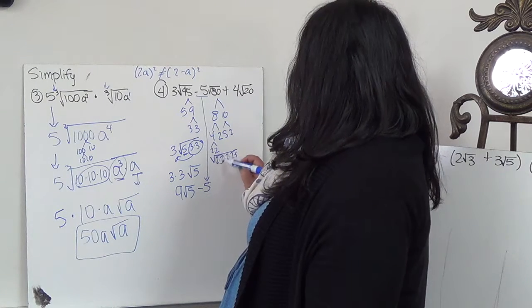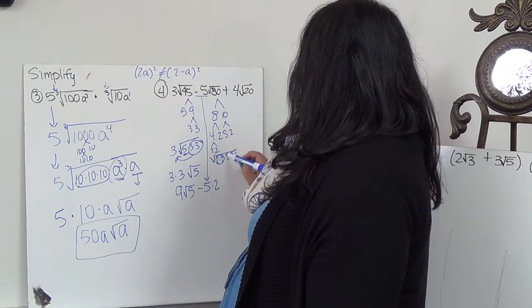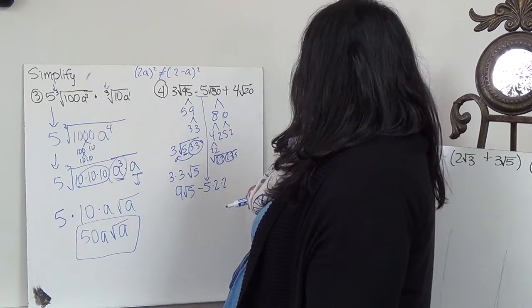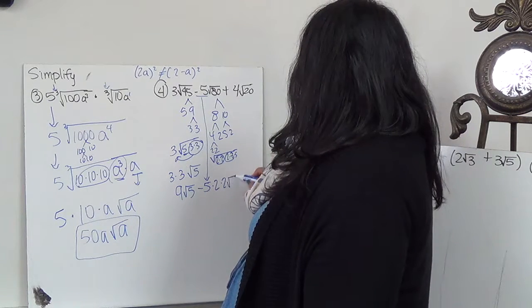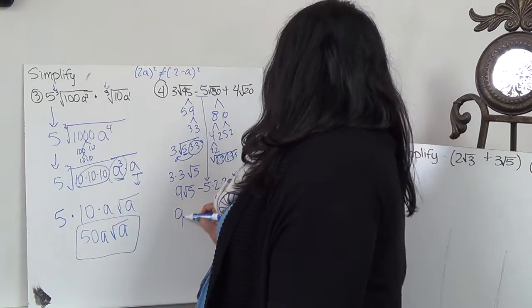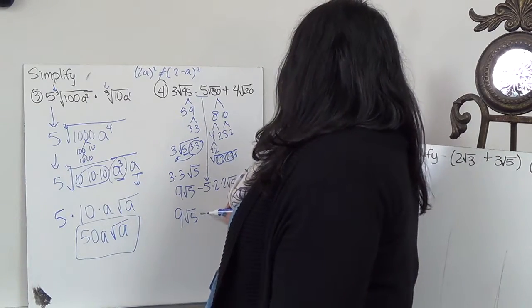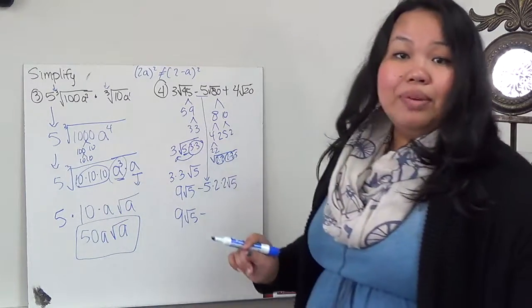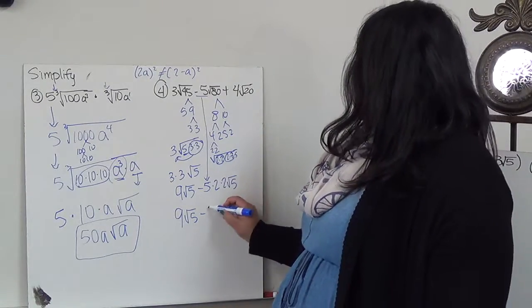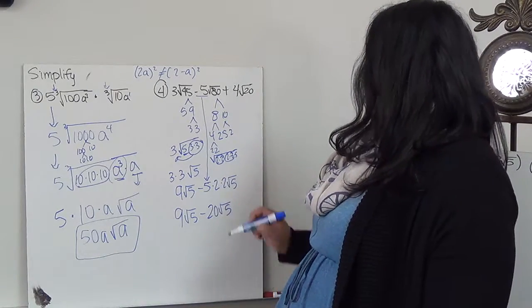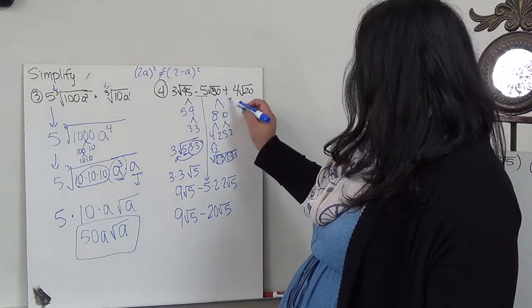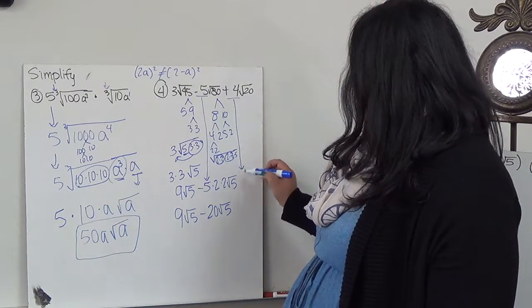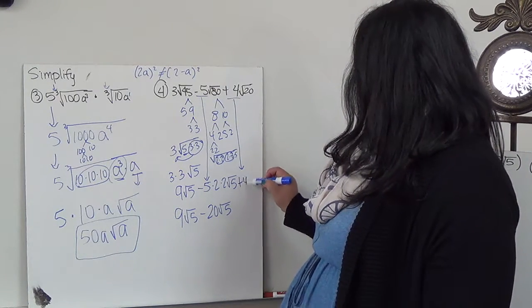So this means I can take out a 2, and then I can take out another 2, but square root of 5 stays in. So this becomes 9 square root 5 minus 5 times 2, which is 10, times another 2 is 20 root 5. And then I'm going to bring plus 4 down here.